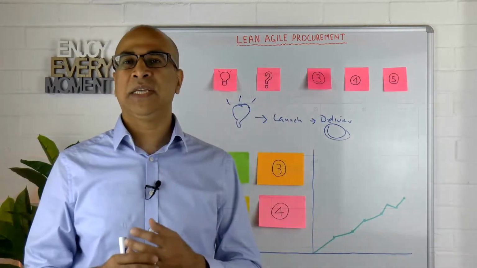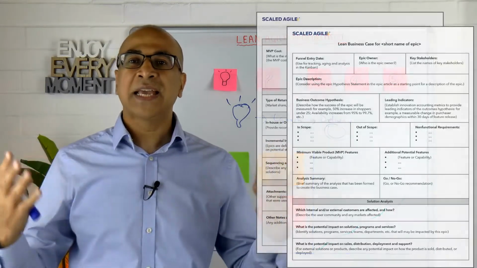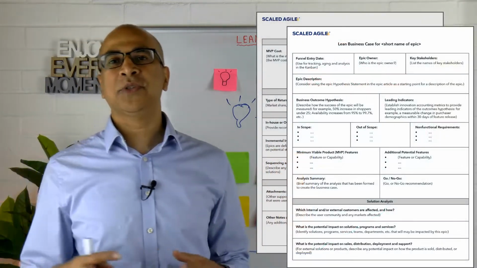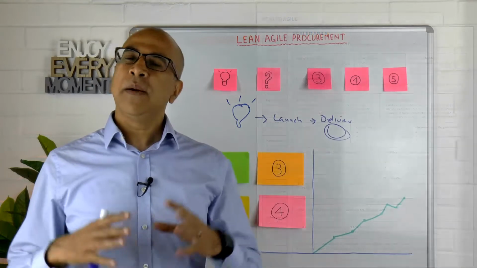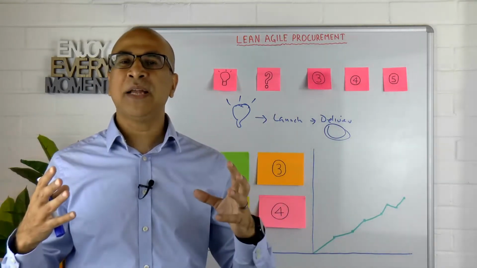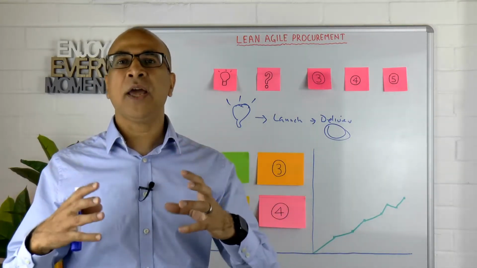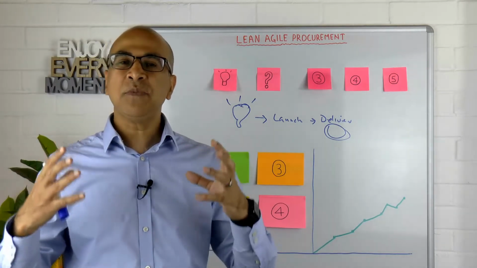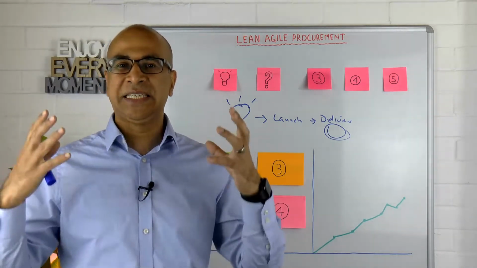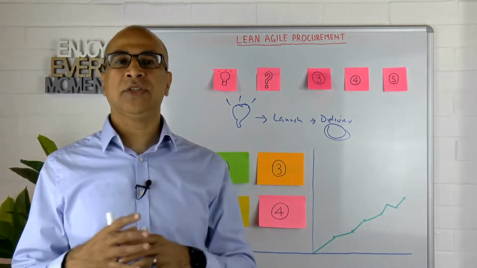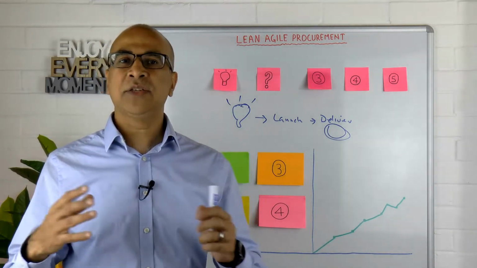Or if we're using Scaled Agile, it could be a lean business case template. Links to both of those are in the description below. But regardless, at this stage the aim is to clarify the business case, just to make sure it's even a good idea. Let's assume that it's a great idea. We think it's really good.